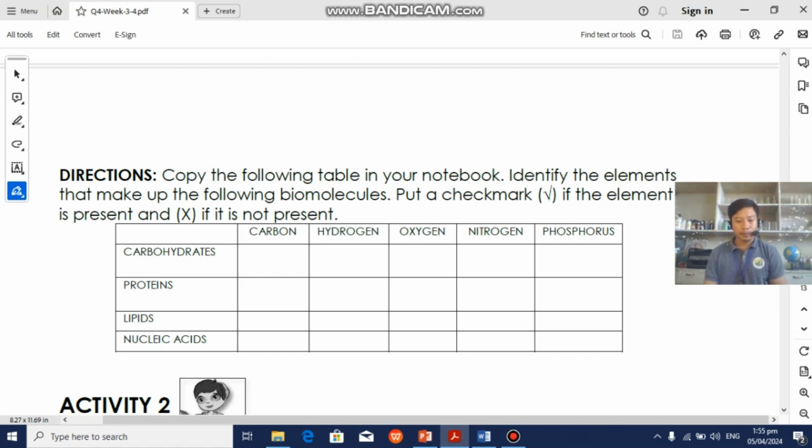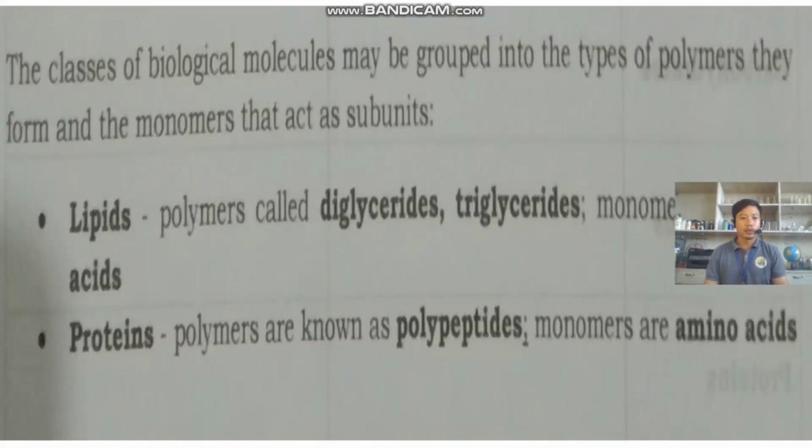This time, we are going to proceed to the different monomers in biomolecules. For lipids, the polymers are called diglycerides and triglycerides, and its monomers are fatty acids.